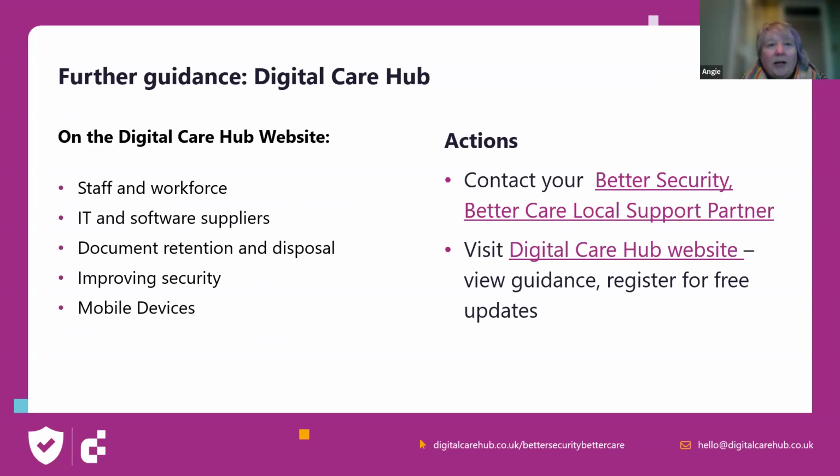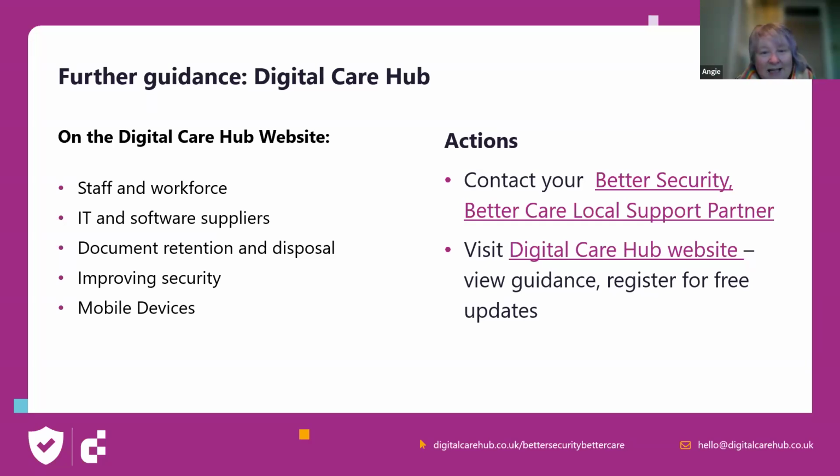So as I said, there's further guidance on the Digital Care Hub website, and you can contact your Better Security, Better Care local support partner, and they're listed. So they're in area. If you log into the Better Security site and look for your area, so if you're based in Oxfordshire, you would come to us. If you're based in, I don't know, London, you go to the London one.